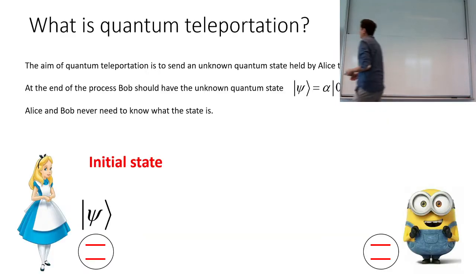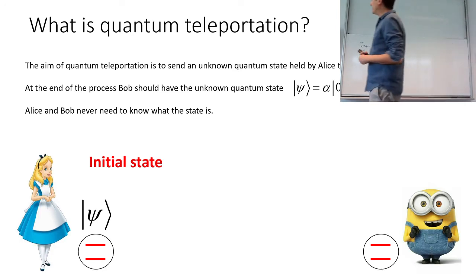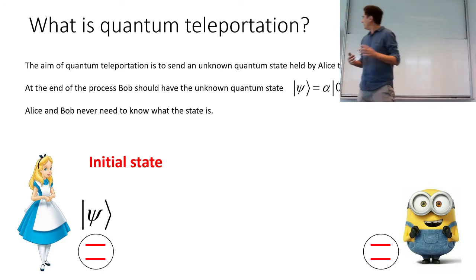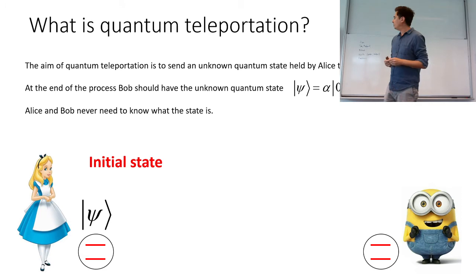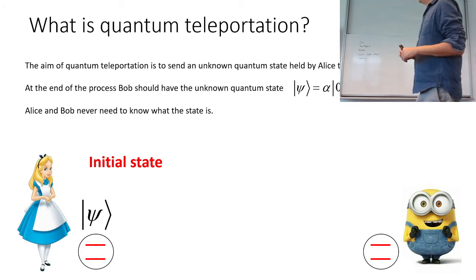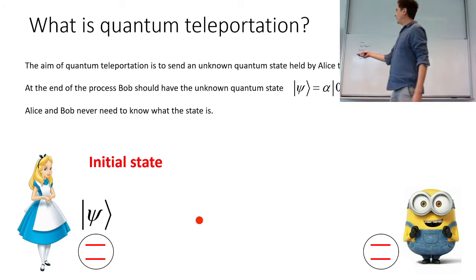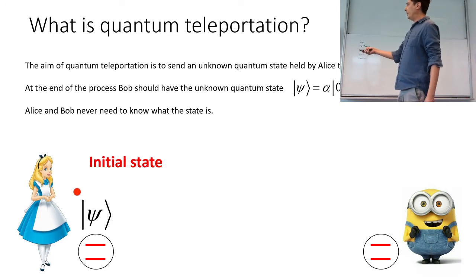Okay. Right. So what is teleportation, or what is quantum teleportation? Basically the aim of this is to send an unknown quantum state from Alice to Bob. So Alice over here has some quantum state, and for what we're going to do, it's always going to be qubits.